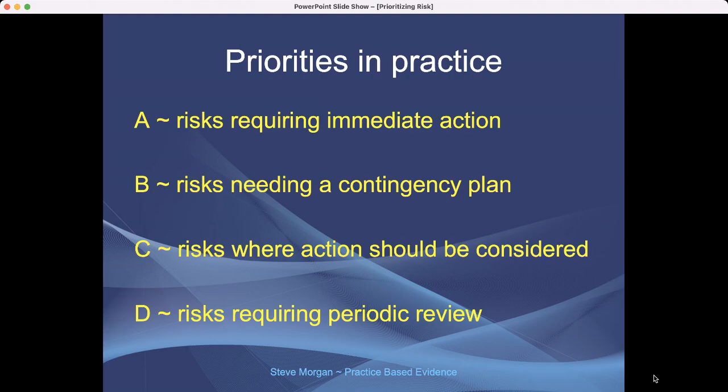Action should be considered as and when these particular priorities emerge. And then the low impact, low likelihood risk, these remain as actual risks and shouldn't be ignored, but they are more likely to require just that periodic review, continuing to be aware of the potential for a risk to happen.